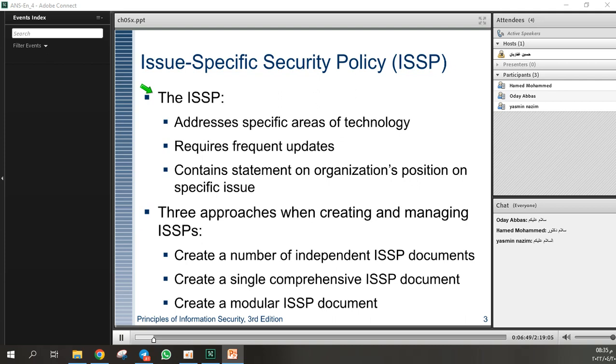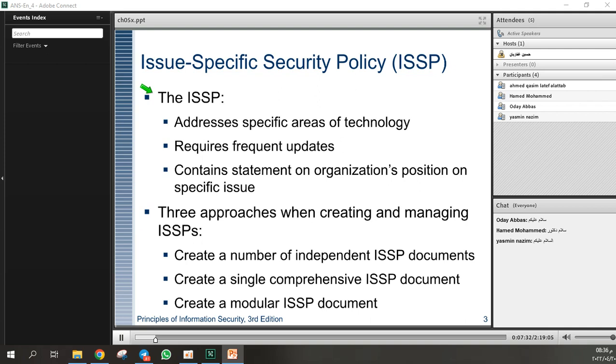But how? How can I define those policies, prepare the documents? How? You know, if I want to define some policies, I have different choices. Okay, one of them is that I can prepare related security policies based on the issues in my organization. In other words, I can prepare an issue-specific security policy.